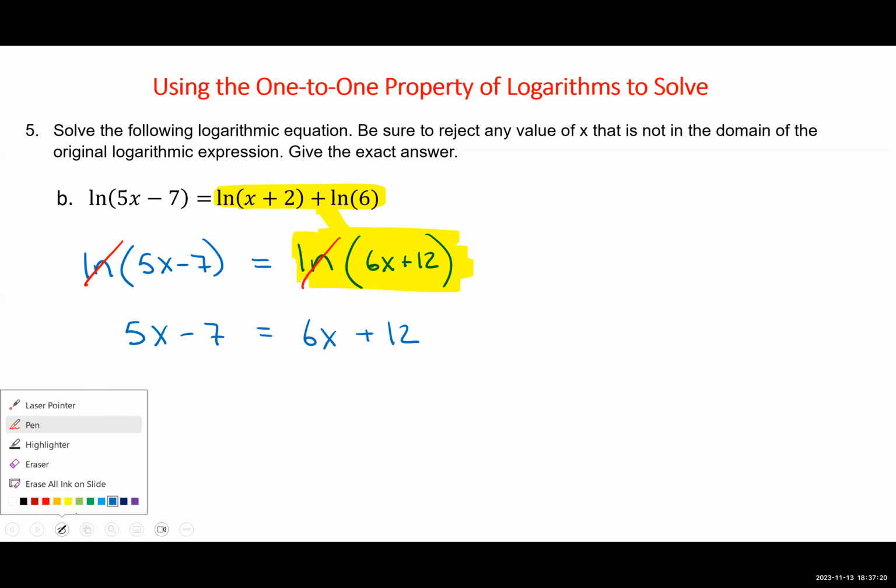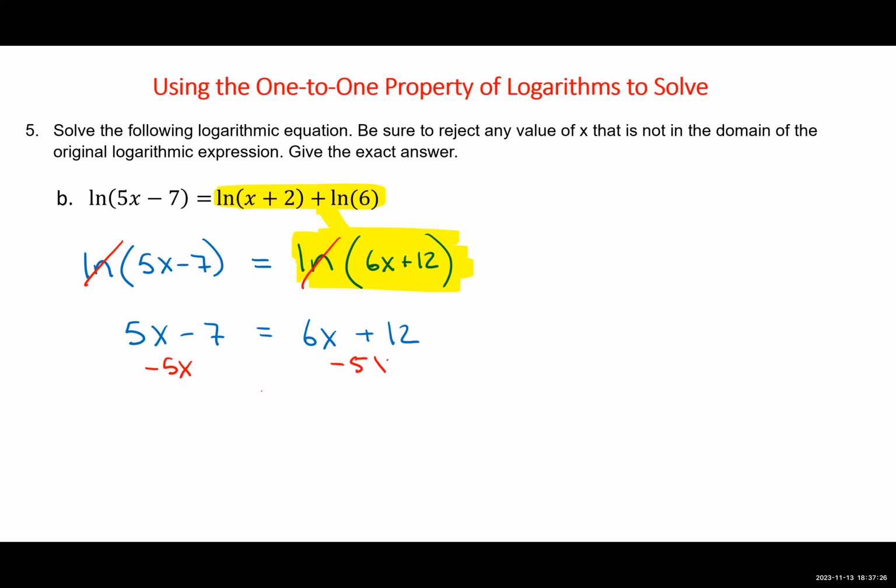Get all your x's to one side. So we could minus 5x from both sides of the equation. And that'll cancel those x's on the left-hand side. Negative 7 on the left. 6x minus 5x is x. Still got a plus 12.